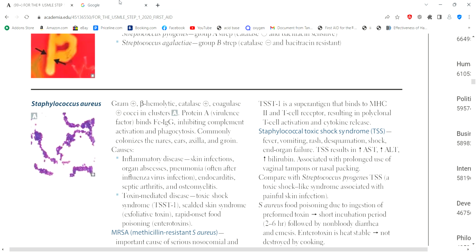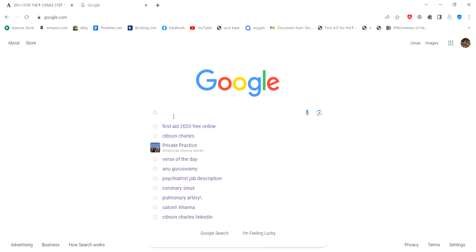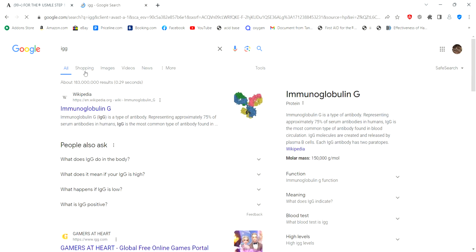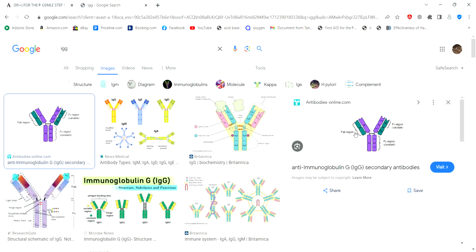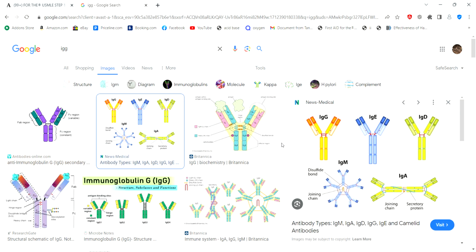See this? IgG, immunoglobulin G. This right here is the Fc portion of IgG. Remember, you have to be familiar with the diagram of immunoglobulins.